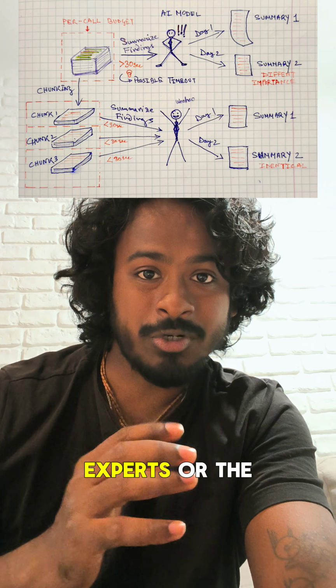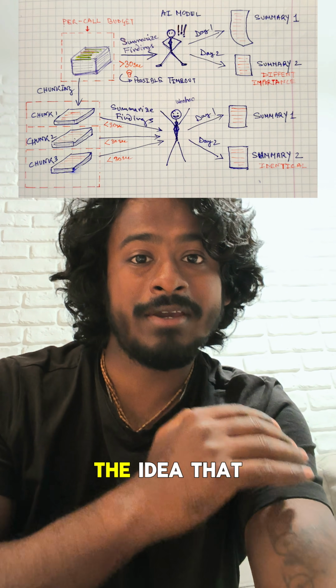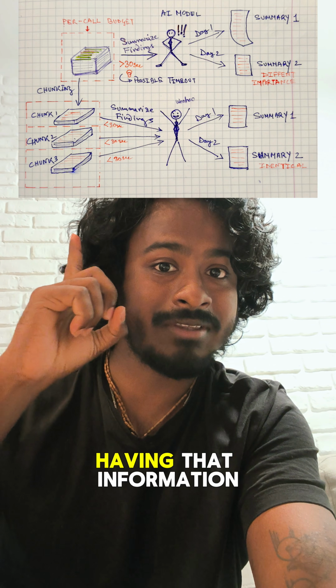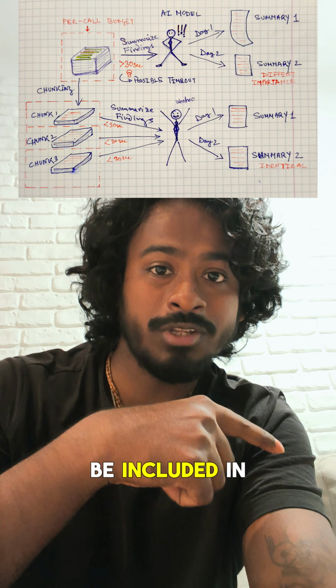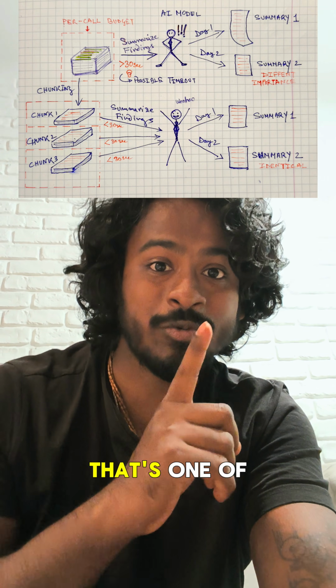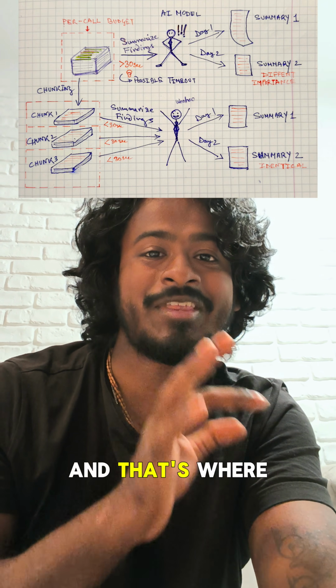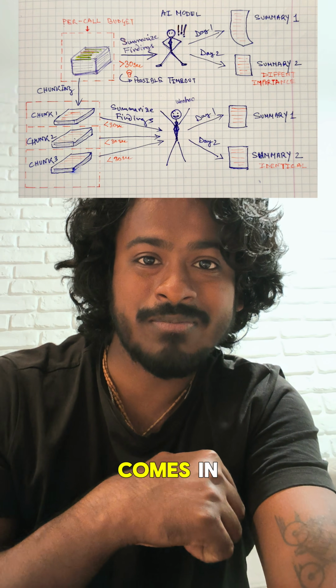The mixture of experts or the models will not have the idea that chunk 2 has information which needs to be included in chunk 7. That's one of the biggest caveats, and that's where domain-level expertise comes in.